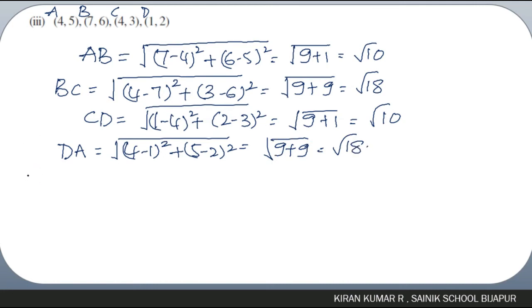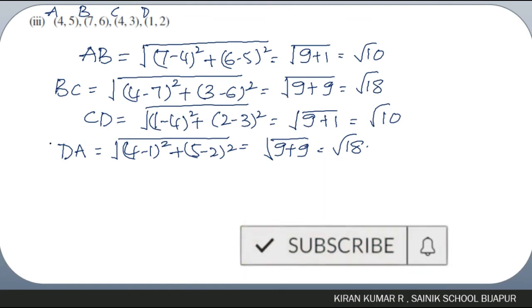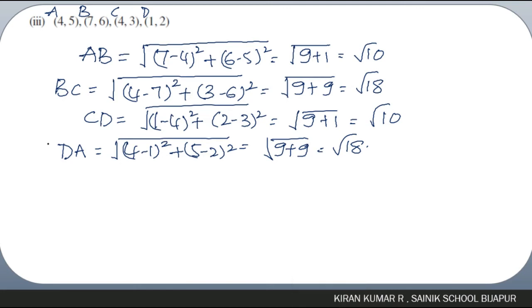Here, observe the opposite sides, they are equal. Since opposite sides are equal, it can be a parallelogram or it can be a rectangle. To justify that, we require the length of the diagonals.